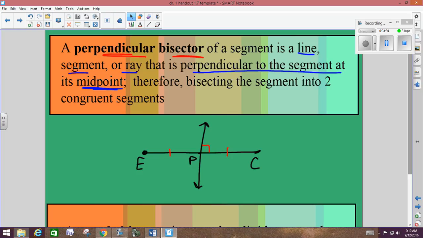Same with a ray. If it was ray EC, starts at E and goes towards C, I can't really bisect it because it's still going on forever. So this side's always going to be a little longer than this one. So you always bisect segments. You cut segments in half because I can measure those. But the thing doing the cutting can be anything. It could even be a plane. I could slice a plane through that segment if I wanted to.